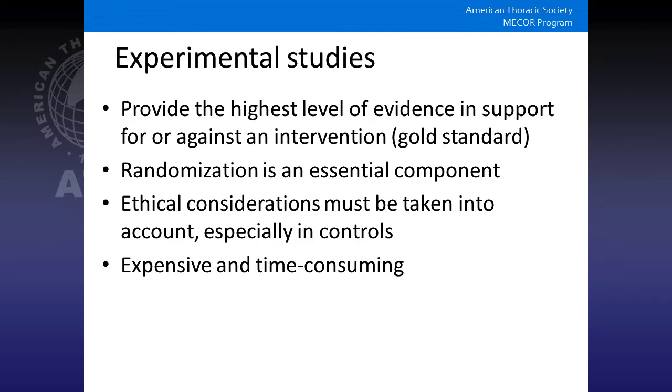Randomization is an essential component to this. And again, the reason we randomize is to make sure that the groups that we have are comparable, so that when we see a difference in outcome, it can only be due to the only difference that exists between the groups, which is the treatment.